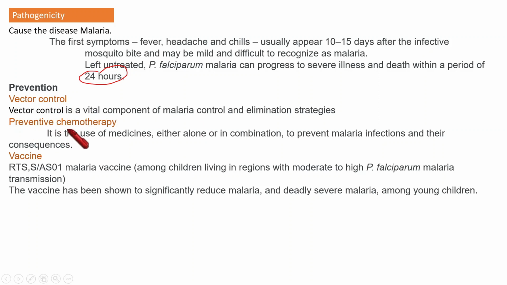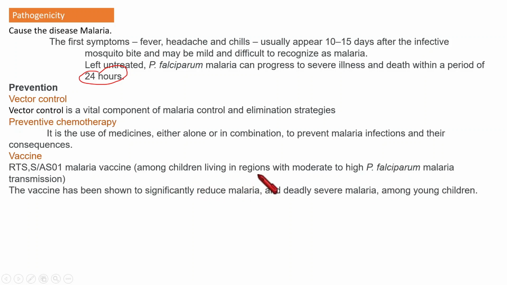And by the usage of medicines, that is preventive chemotherapy. Sometimes we use medicines individually, and sometimes we apply combinations of medicines to prevent malaria infections. Then there is also a vaccine. RTS,S/AS01 malaria vaccine is a common one. It is administered to children in those regions where infection with Plasmodium falciparum malaria is high.